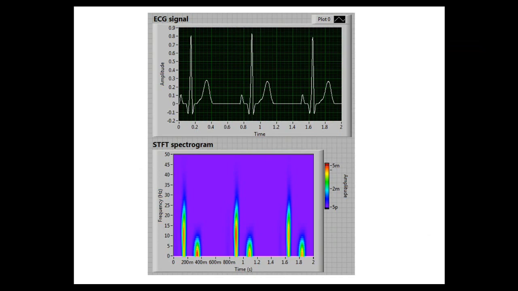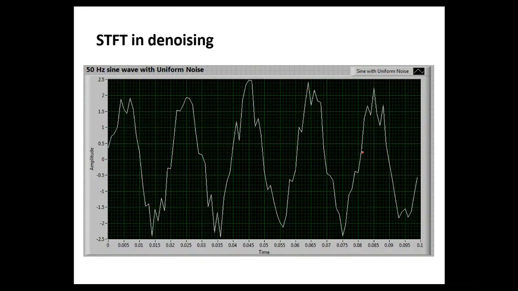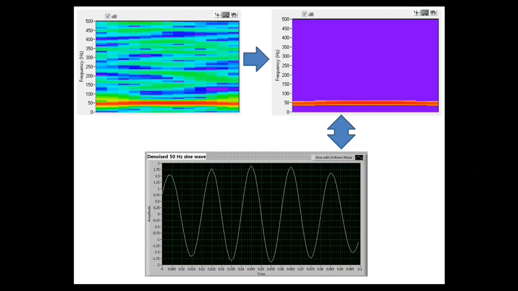Now in the ECG signal, we can get this kind of STFT spectrogram, and if we add some 50 hertz noise over here and then go for the STFT, we get this.